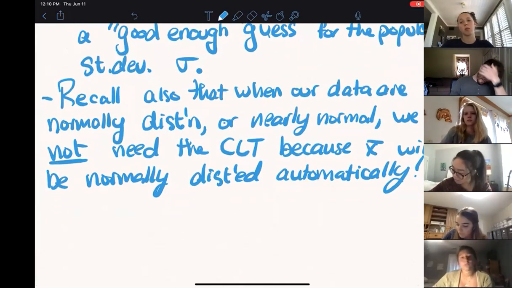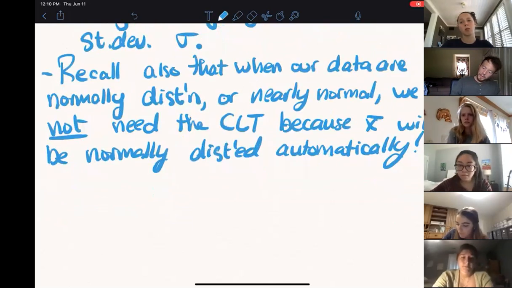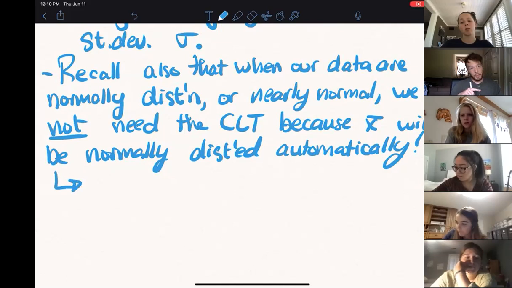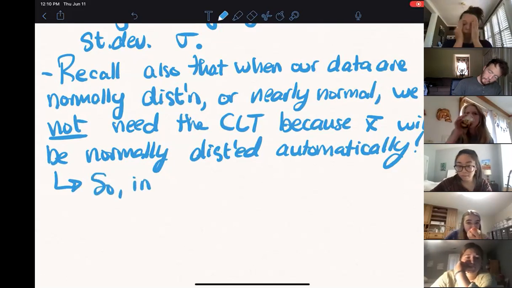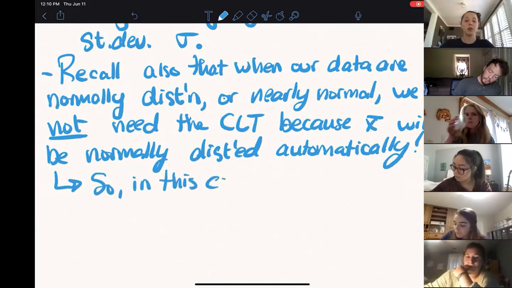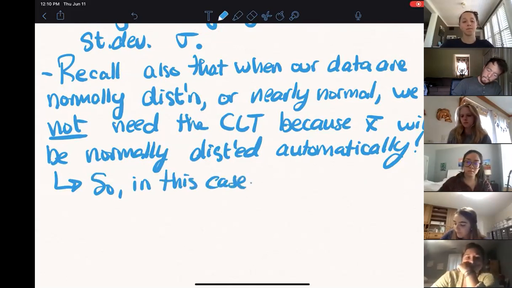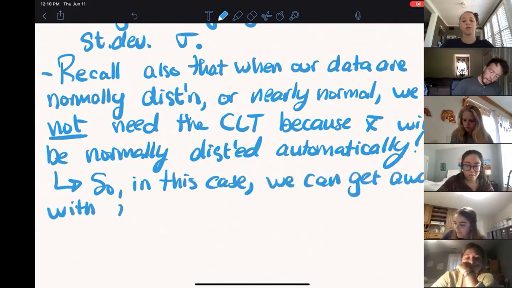So this was a bunch of things from all of those CLT lectures. So if we had this case where the underlying data, the sample itself, had a bell shape, we can get away with a smaller sample size.